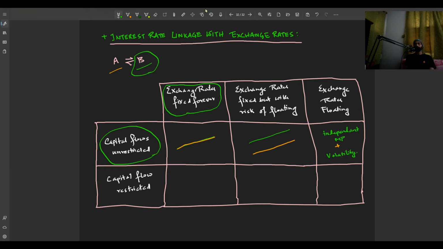Now we look at another case where exchange rates are expected to be fixed forever and capital flows are restricted. In this case, the exchange rates will be stable, and economics can also be stable, provided capital inflows are balanced with capital outflows.